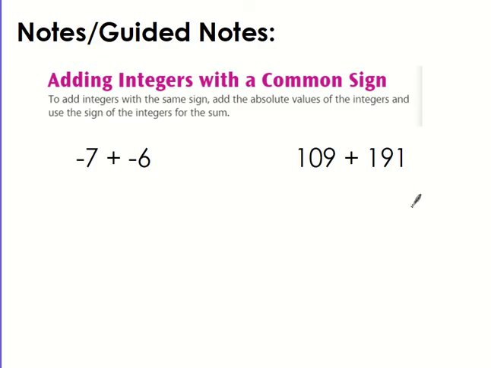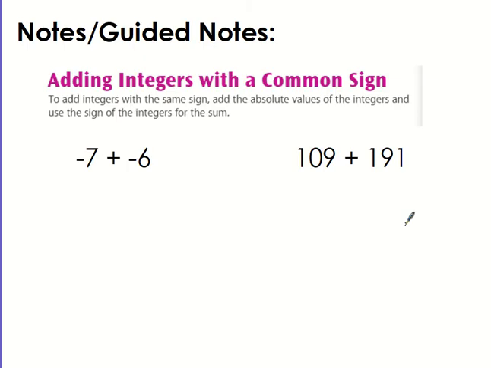So today we're going to incorporate the rule of adding integers with the same sign. We did counters and number lines, but when you start getting into numbers like 109 or even 23, you don't want to have to draw all of those symbols or all of those little jumps. So that's why we have the rule.